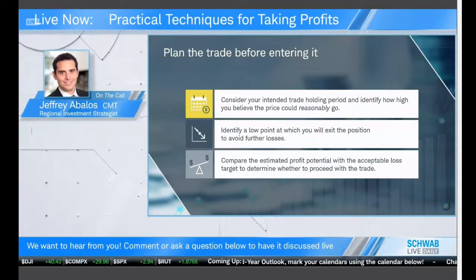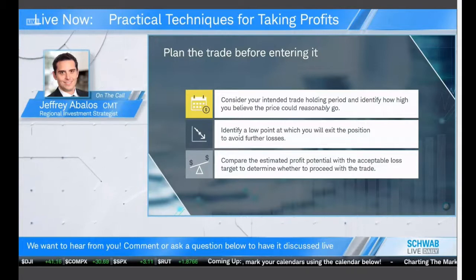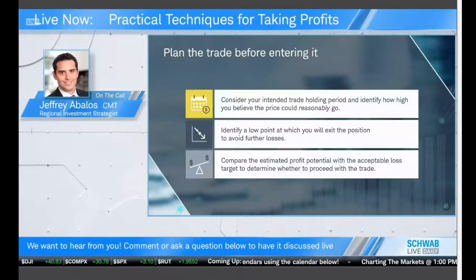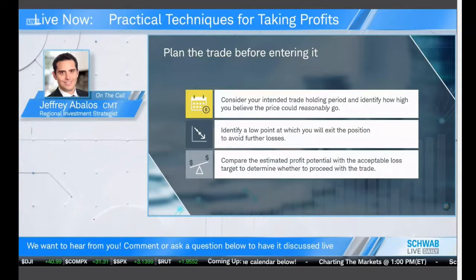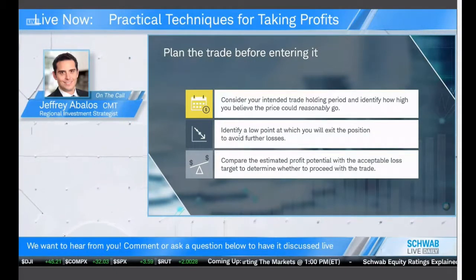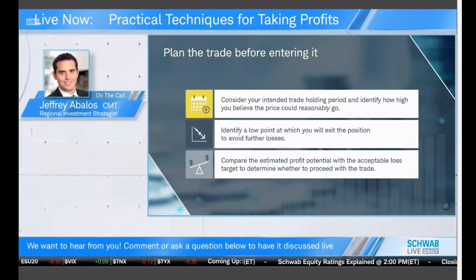Then what you want to do, and this is most important, this is what separates a good trader from a great trader. Identifying a point at which you say enough is enough. Good traders will go in and say, all right, here's where I get out and I know this point. Great traders are focused like you would not believe on limiting their losses.